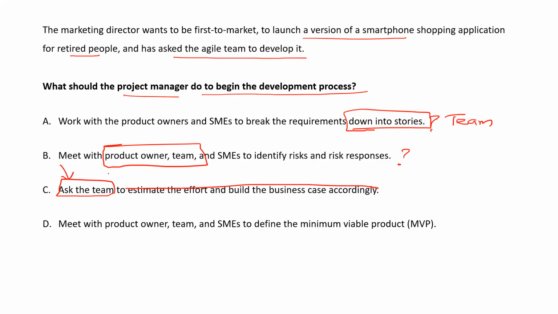If this is wrong, everything is wrong. Meet with the product owner team and SMEs to define the MVP because we are making it for the retired people. So you can provide the guidance. So in that case, remaining answer is yes, someone has already answered correct. It's D.